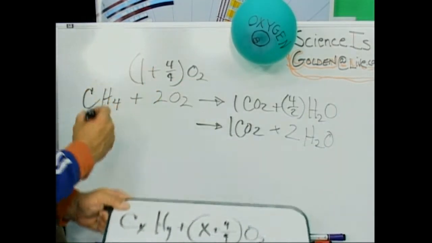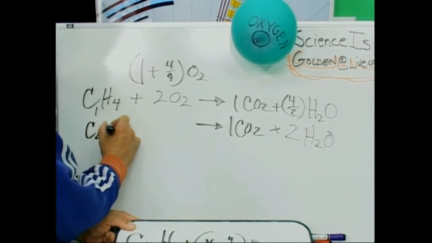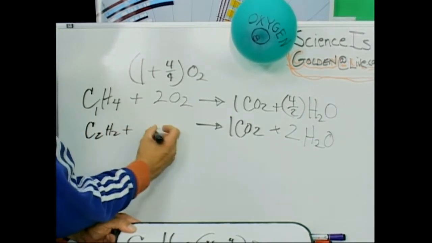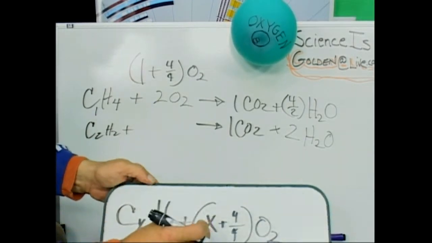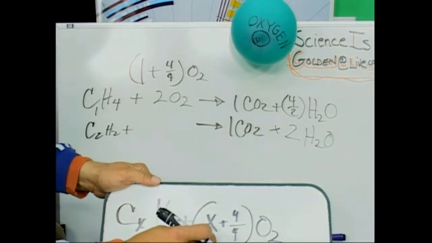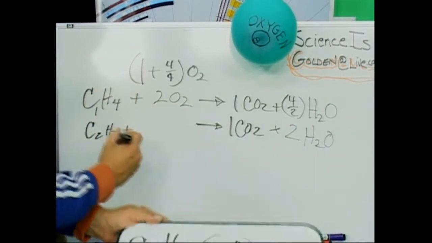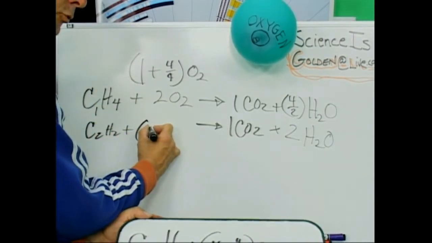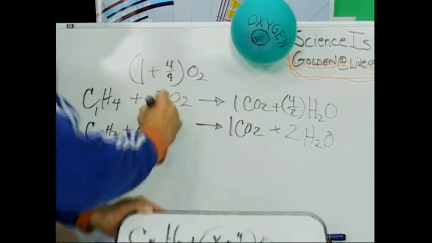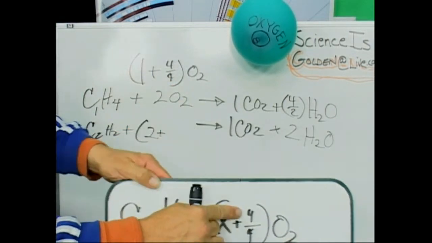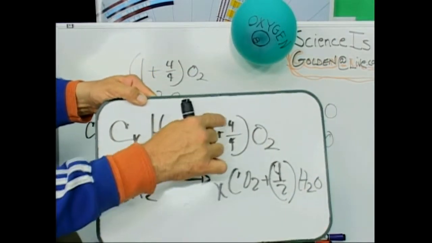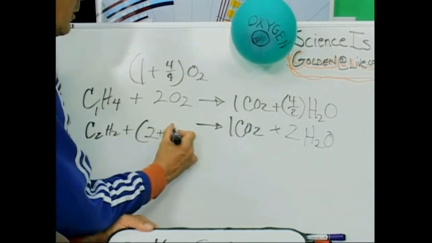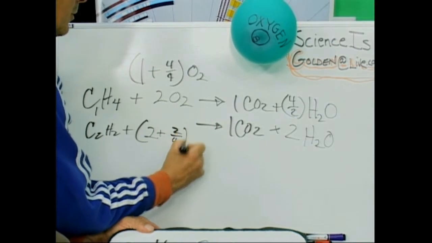So we write C2H2 plus what they're going to call x, which is 2. So put the parentheses. It's going to be 2 plus the y portion here. y for ethylene is 2. So 2 over 4 O2s.